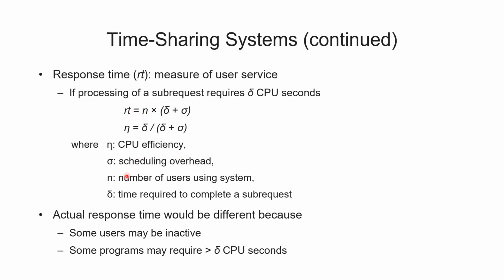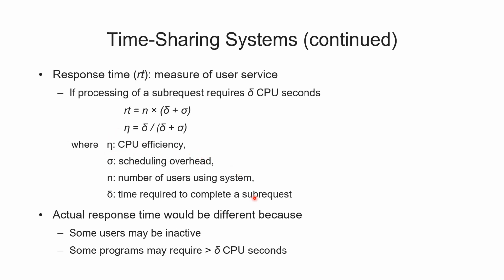Delta is the time required to complete the sub request. The servicing of each sub request requires exactly delta CPU seconds. Sigma is the scheduling overhead, that is, the CPU time consumed by the kernel to perform the scheduling, and eta is the CPU efficiency.